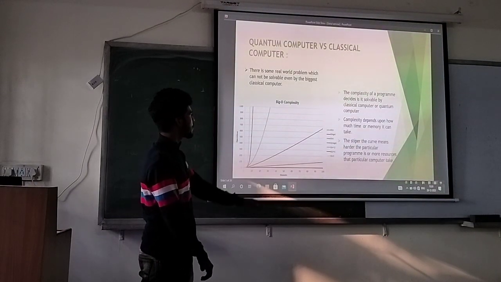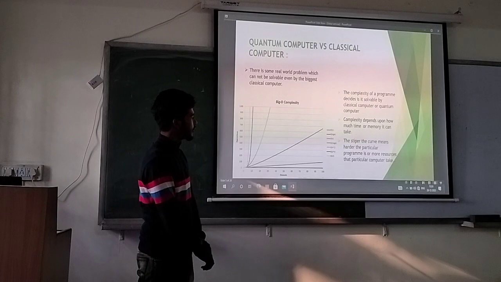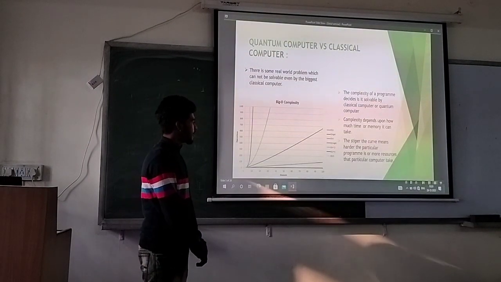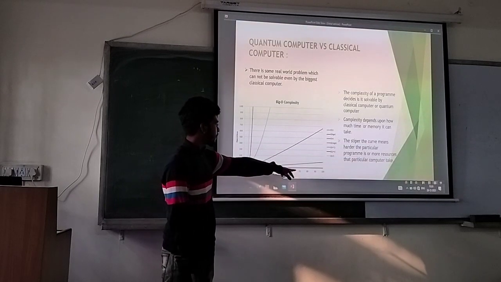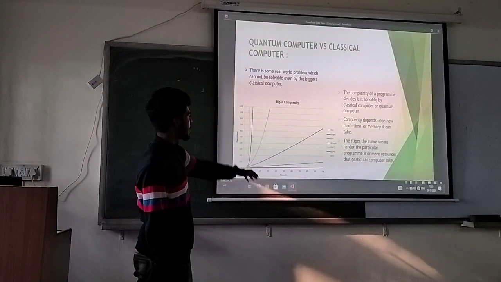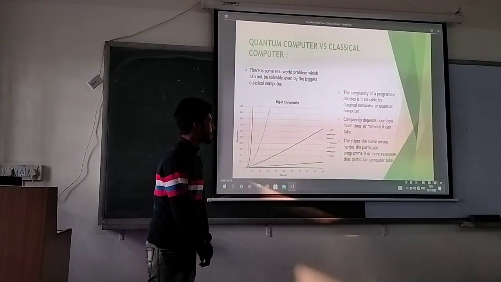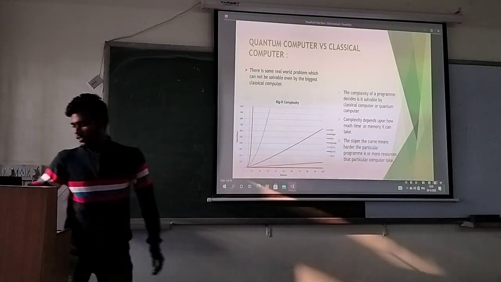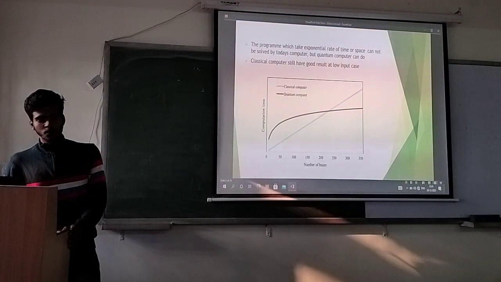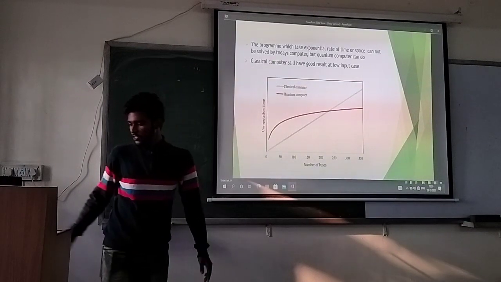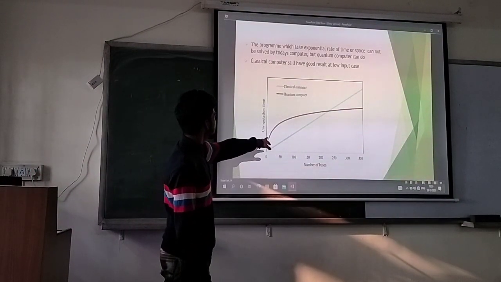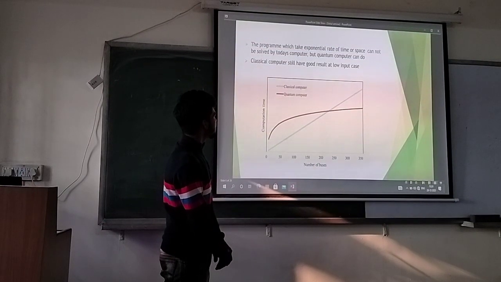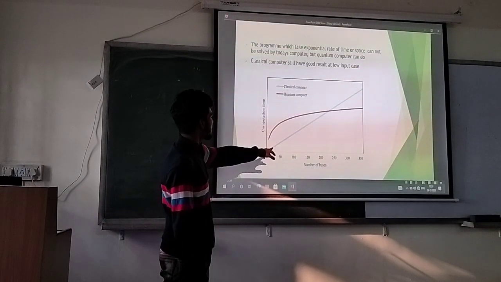This graph is for complexity, and so we can solve a large number of functions in a classical computer, but for n factorial and 2 to the power n, we cannot solve it in classical computers. So in the previous slide there is also n factorial, and here the n factorial graph is for the lower input case.